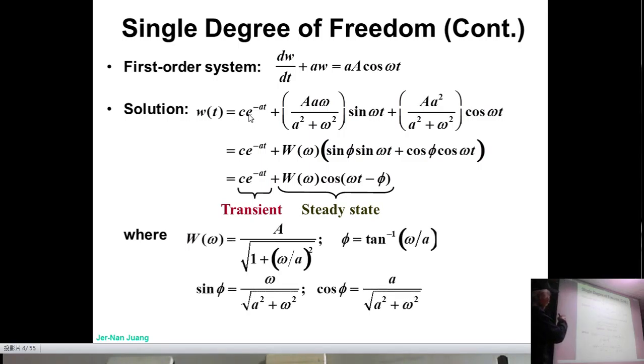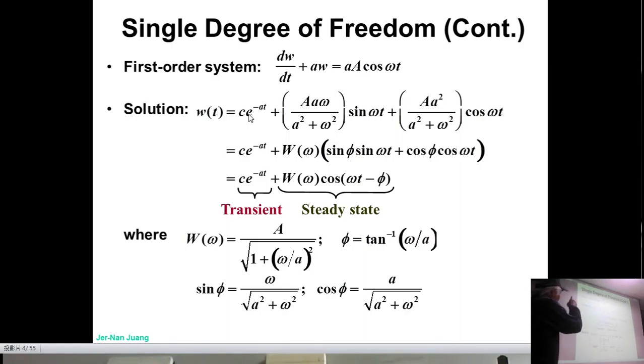Now here I define a W(omega). Look at that carefully. That W(omega) is just for the convenience of quantifying the response.